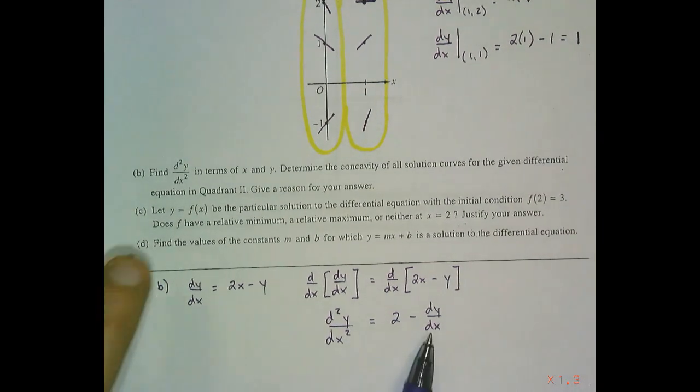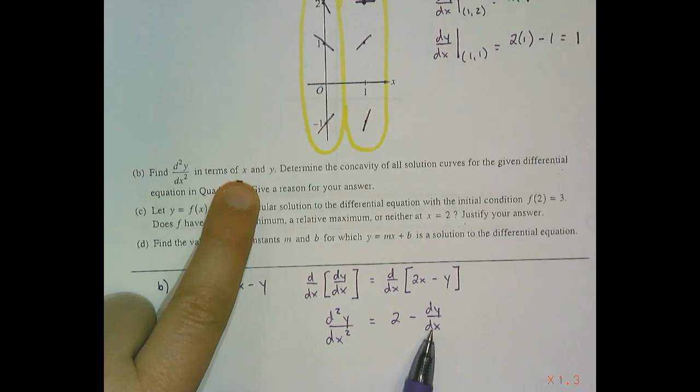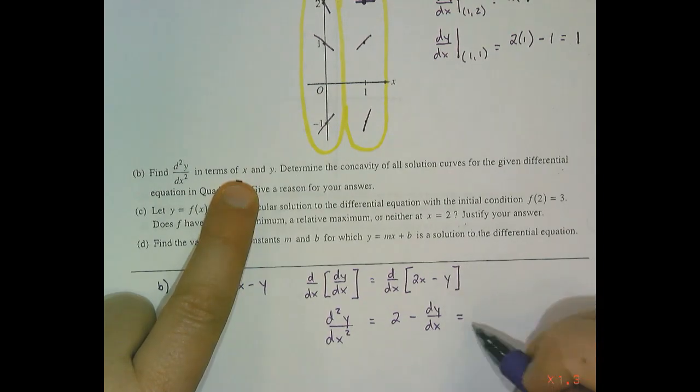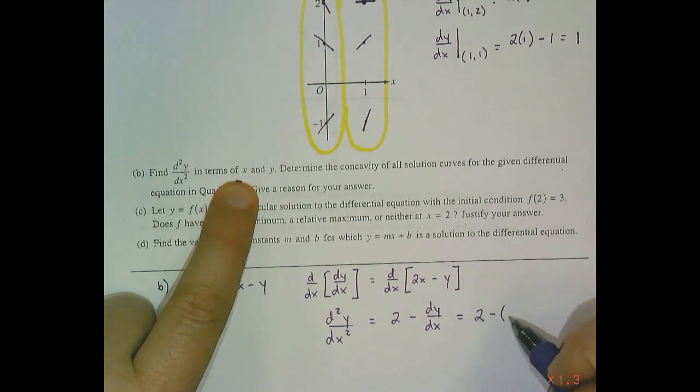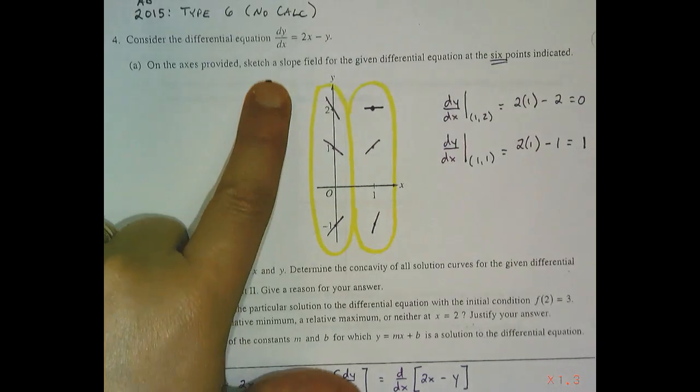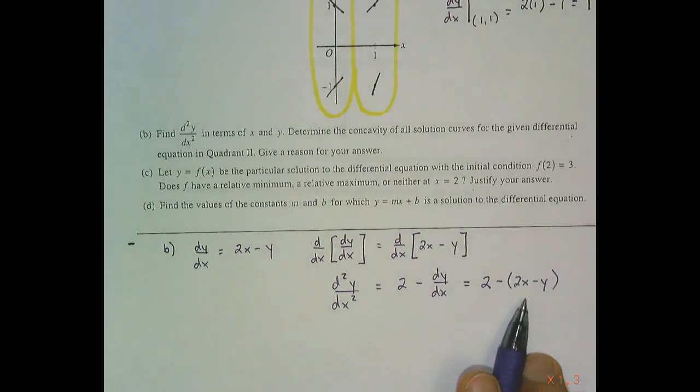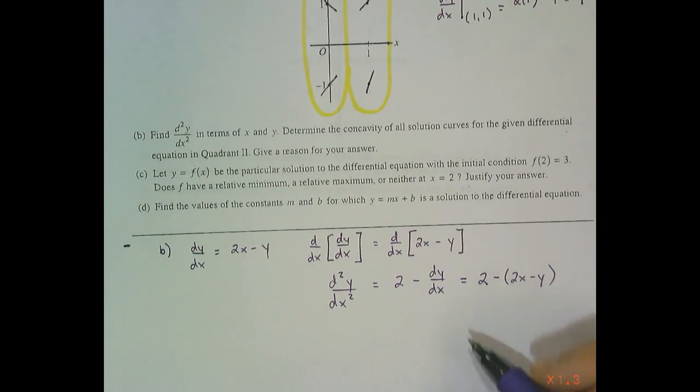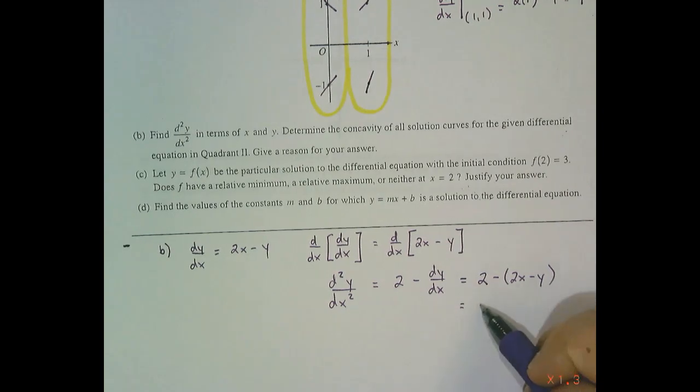They want the expression in x and y, so replace dy/dx with our given value for dy/dx, which is the given slope from above. So here's our expression for the second derivative.